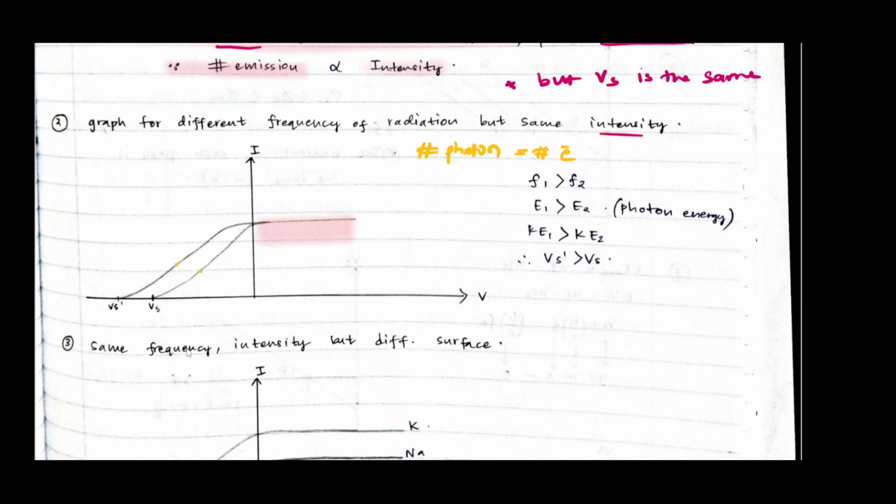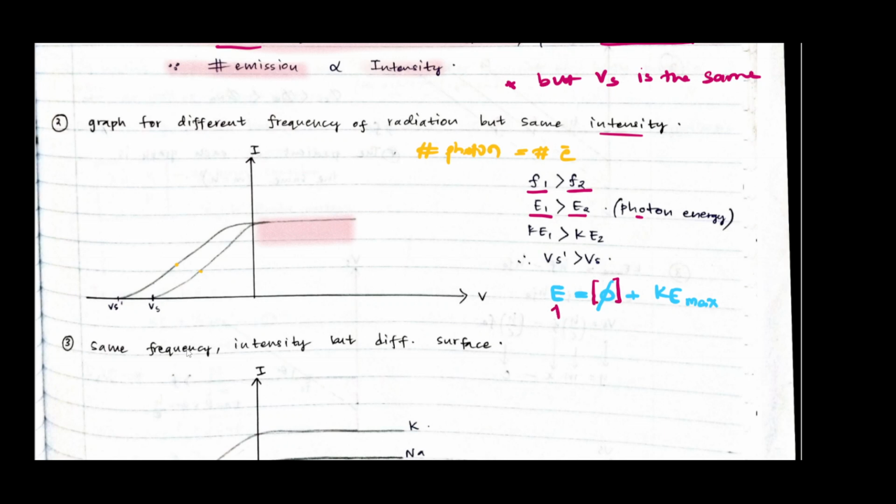But what might happen to the stopping voltage? Let's look at it. We know the energy of a photon is used for the work function and the remainder is given to the kinetic energy. Here we have considered f1 is greater than f2, frequency 1 is greater than frequency 2. That means energy 1 is greater than energy 2. We're talking about the photon energy. It's the same material, therefore the work function is the same.